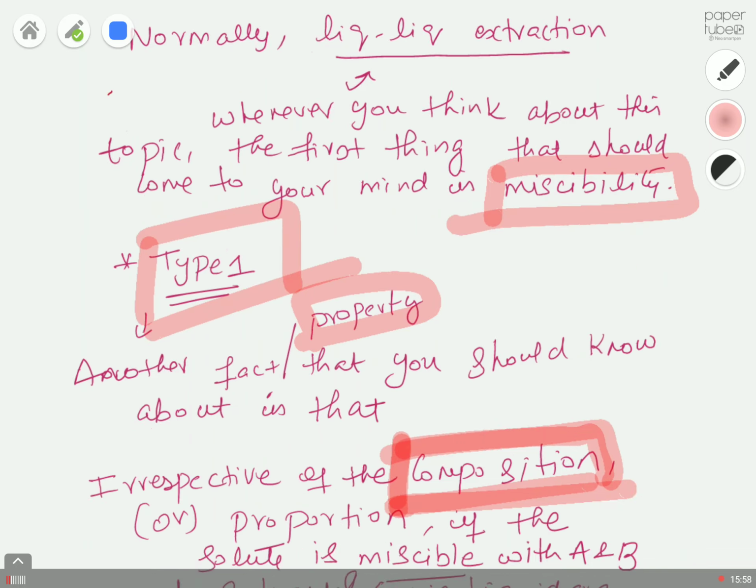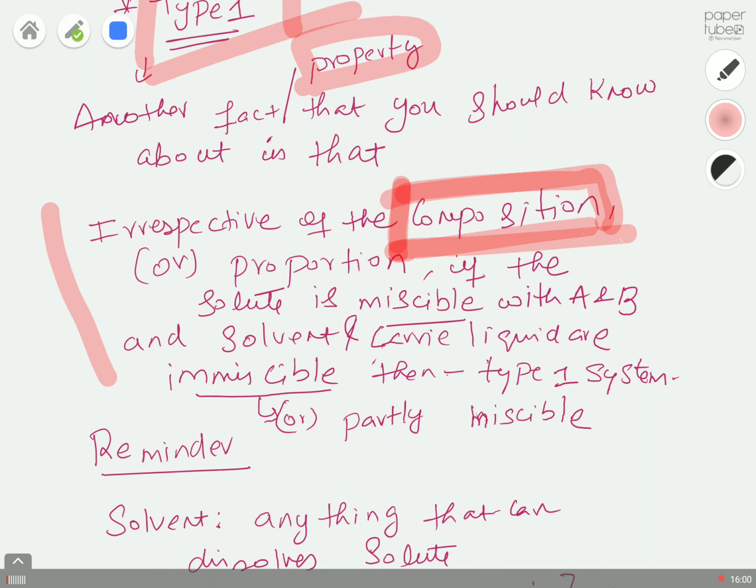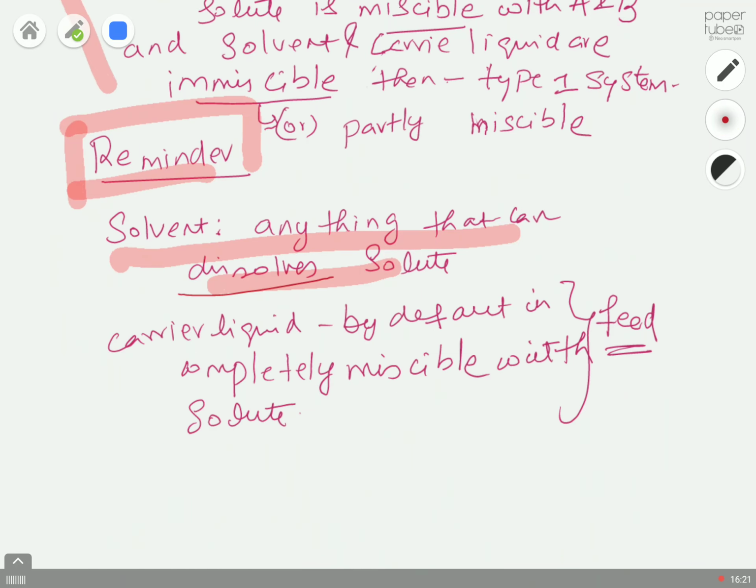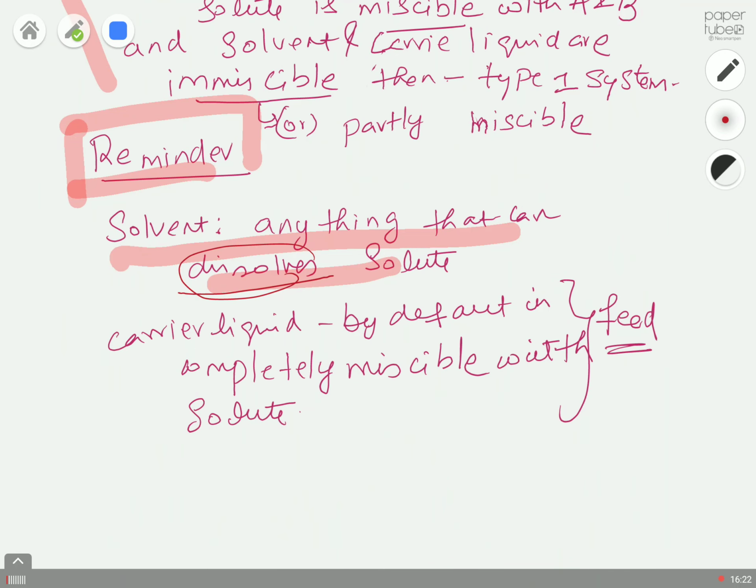So this one I already stated, and as I said, throughout the lecture I'm going to remind you again and again. Whenever I say reminder, please try to remember. Solvent, by default, is anything which is going to be miscible with your solute. Instead of dissolve, you can use miscible, because we are talking about solvent plus solute.